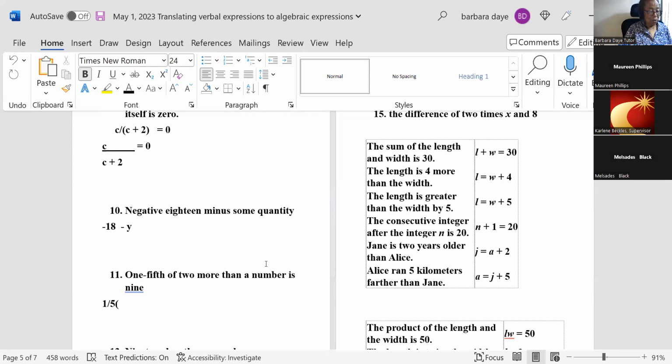Now, Maureen, how do I write 2 more than a number? 2 more than means the 2 is added to a number.